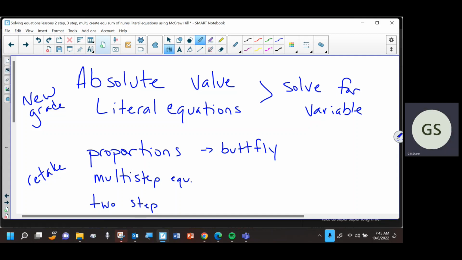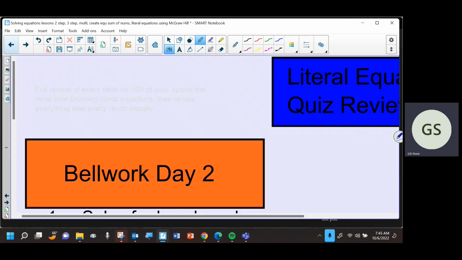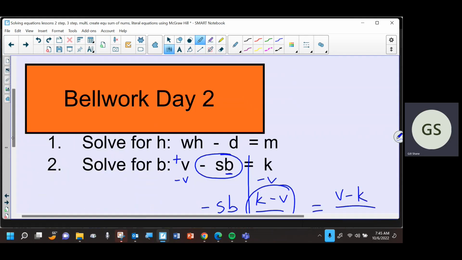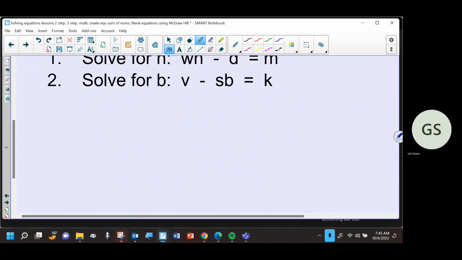Let me do one more real quick literal equation that I'm not going to put on my quiz, but you may very well see this. Sometimes on the district, they'll give you something like this. They may give you V, B, K, equals X plus 4, something like that.